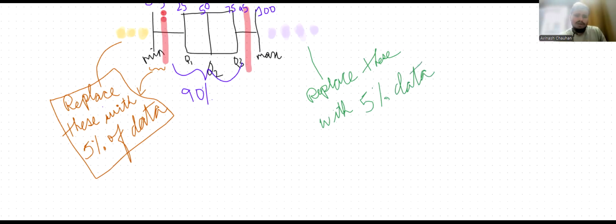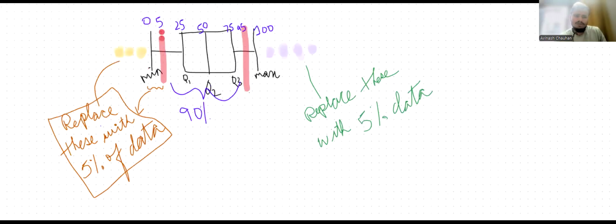This particular 5% of data, with this 5% of data.